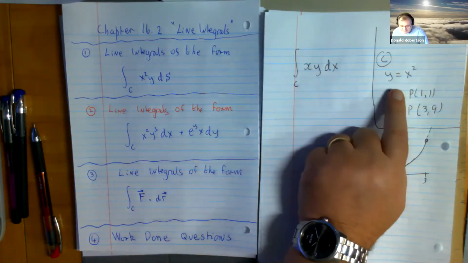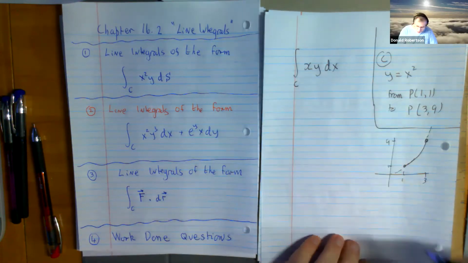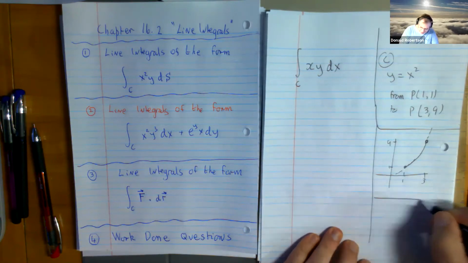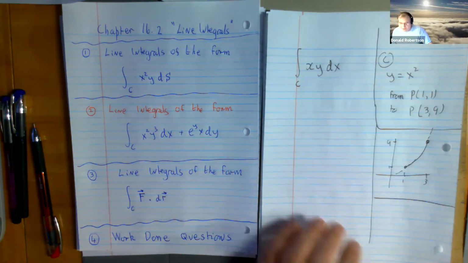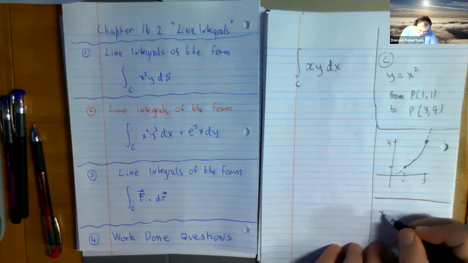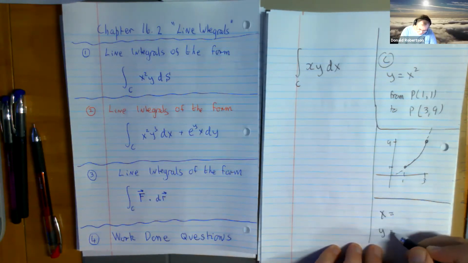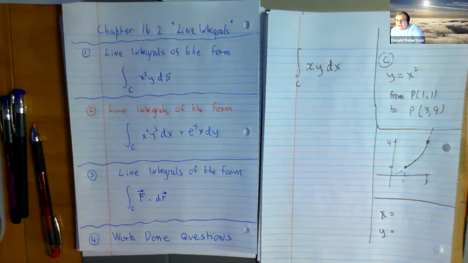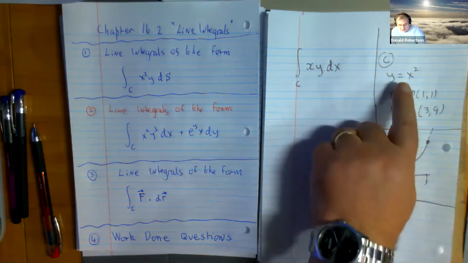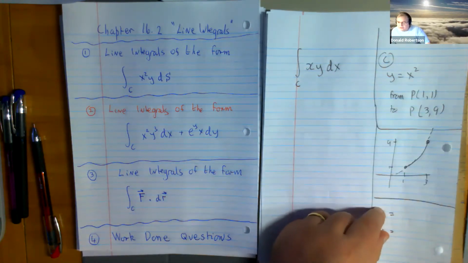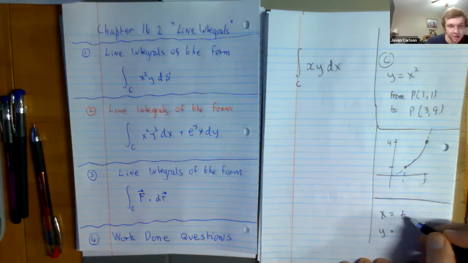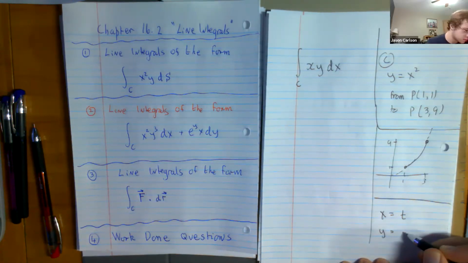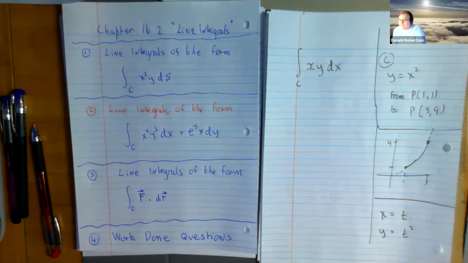So I have to make it parametric. We talked yesterday about how to turn things like y equals x squared into their parametric form. Can anybody tell me what that looks like when it's converted into t's? x equals t, y equals t squared, sorry. Agreed.